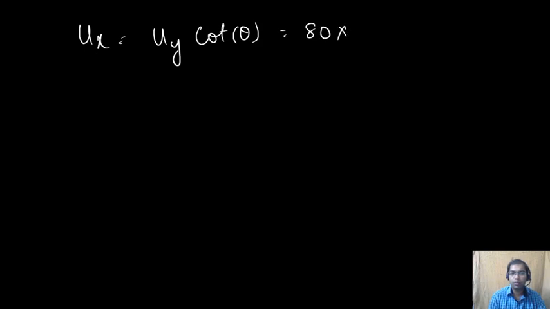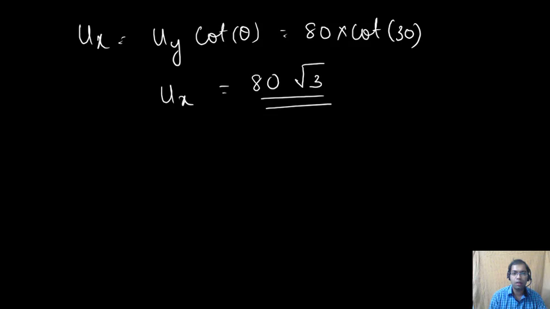So ux will be nothing but uy times cot theta, which is 80 into cot 30 degrees, which is 80 times root 3. So this is our ux, meter per second. So we have the x component of velocity.